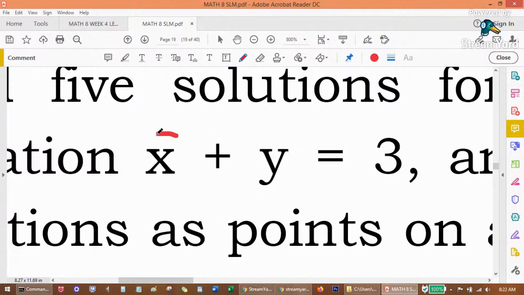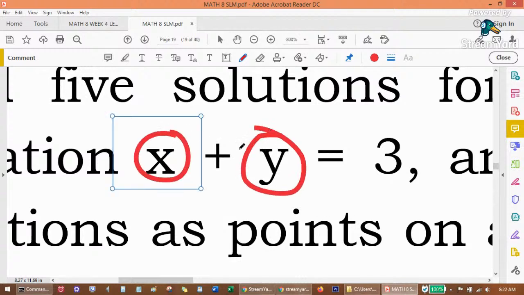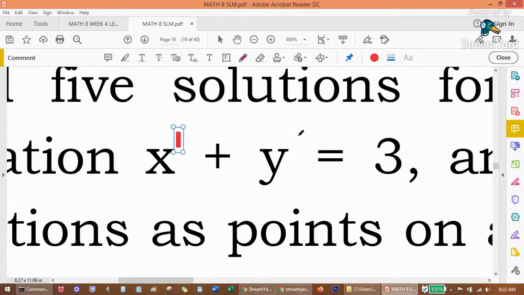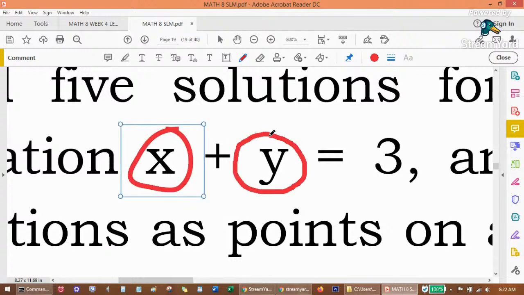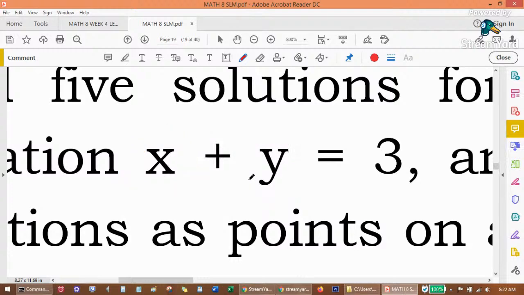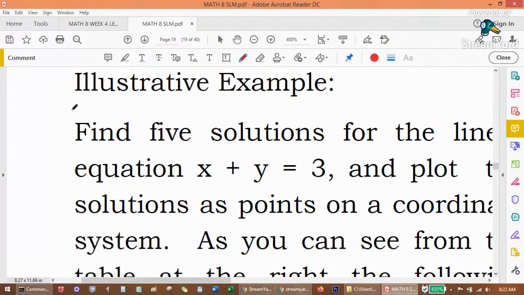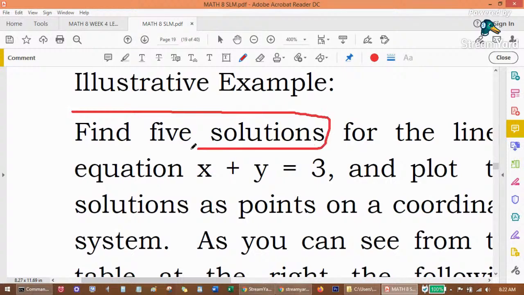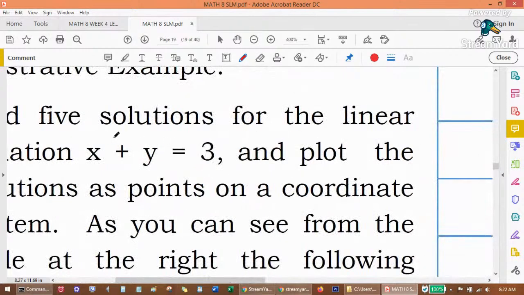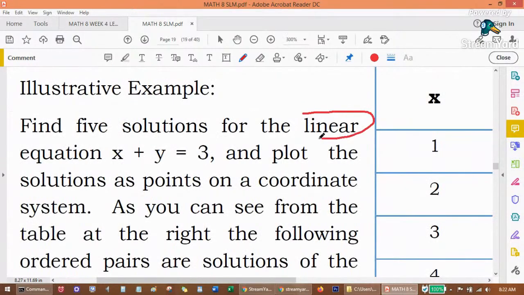And kapag meron tayong dalawang variables na ang exponent is 1, that is a linear equation in two variables, x and y. So dito, pinapahanap sa atin, find 5 solutions. Maghanap daw tayo ng 5 solutions for the linear equation x plus y is equal to 3.